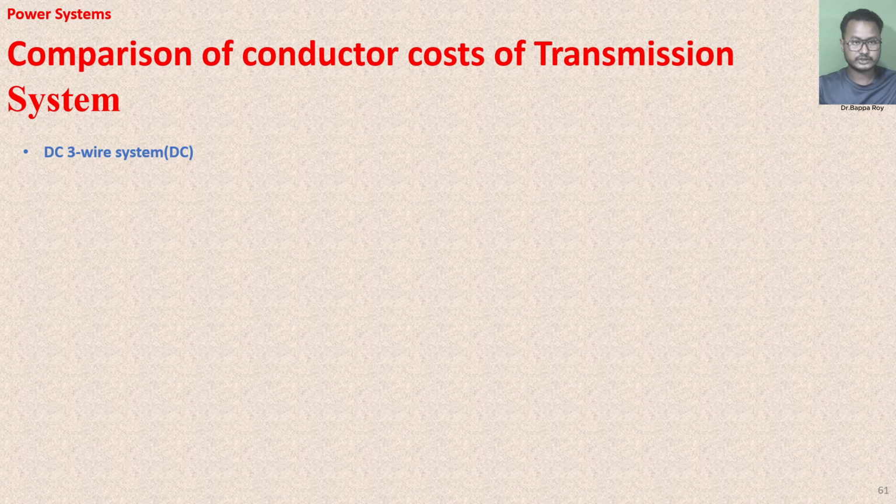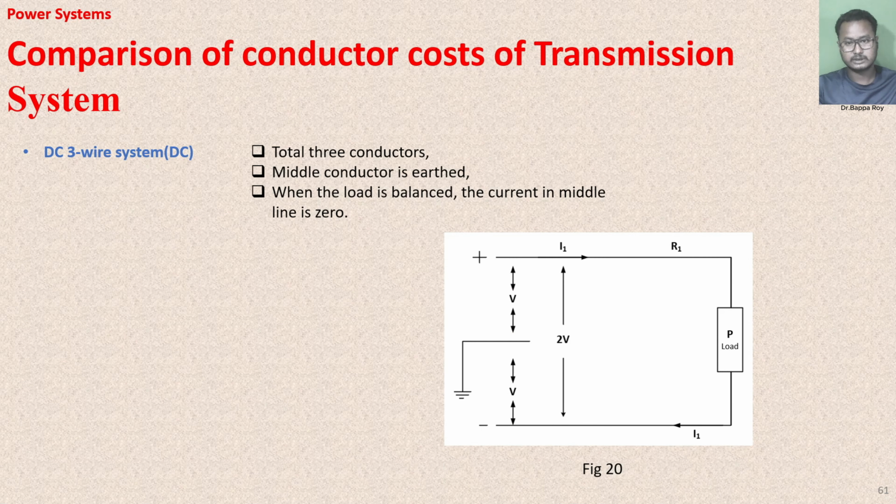First, the DC three-wire system. We'll see one diagram. DC three-wire system, total three conductors. You can see the first one, this one is one conductor.